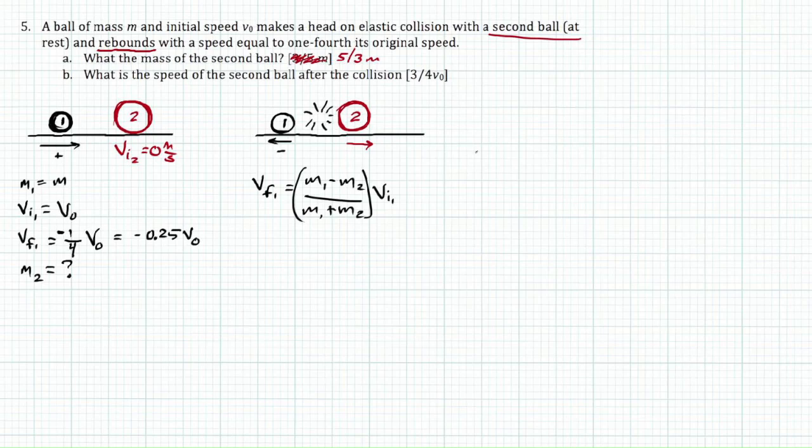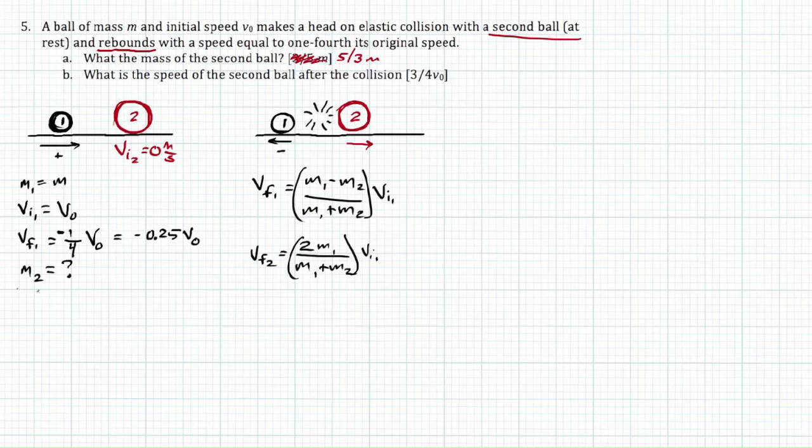The other option is the other final velocity equation: the final velocity of object 2 is equal to 2 times m1 over (m1 plus m2) times the initial velocity of 1 as well. Okay, so both of these are potential equation candidates for solving for m2 right here.